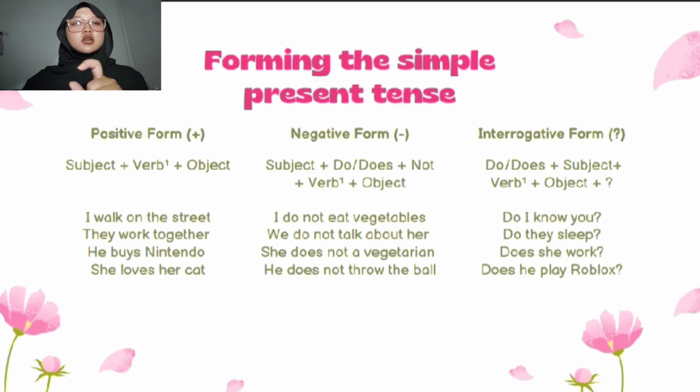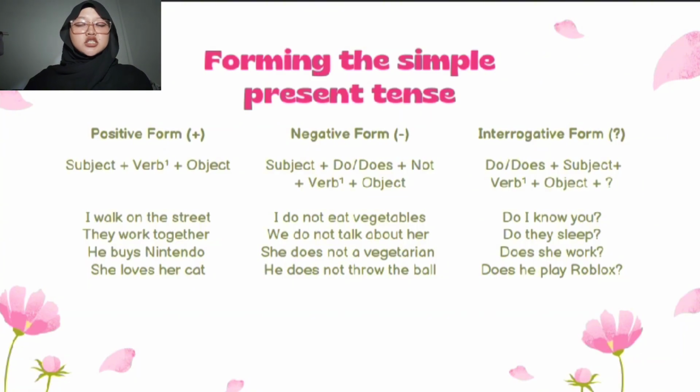The first thing you have to do is put do or does after the subject, and then you add not after do and does. Get it? Okay, we can see the formula: subject plus do or does plus not plus verb 1 plus object.